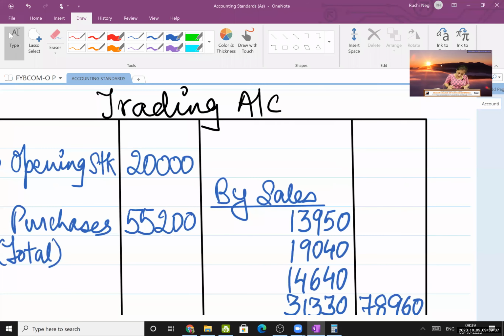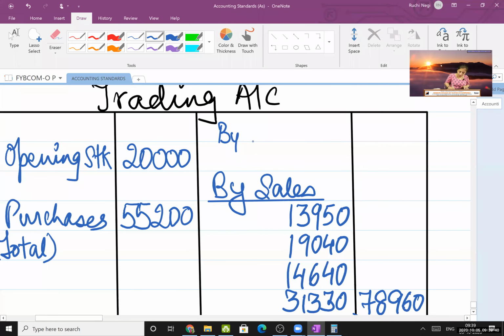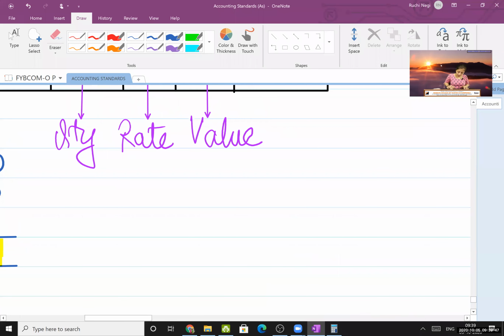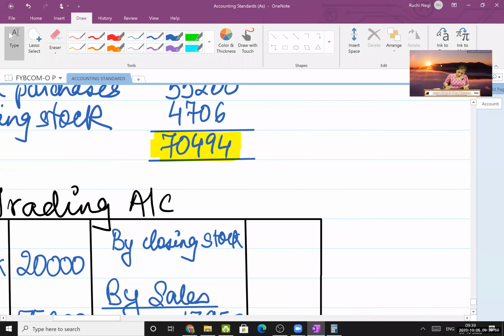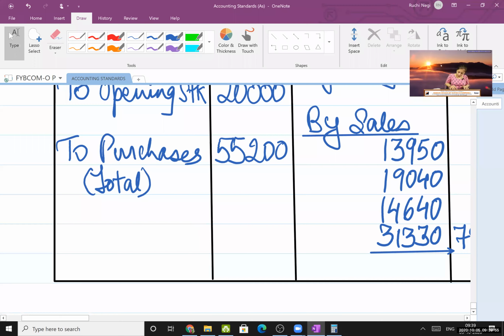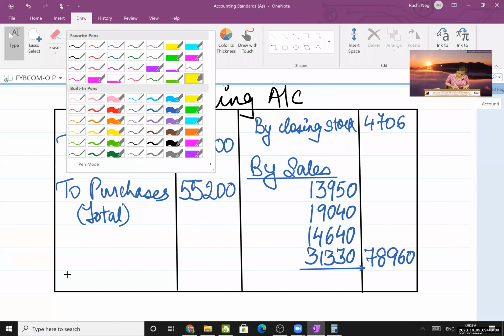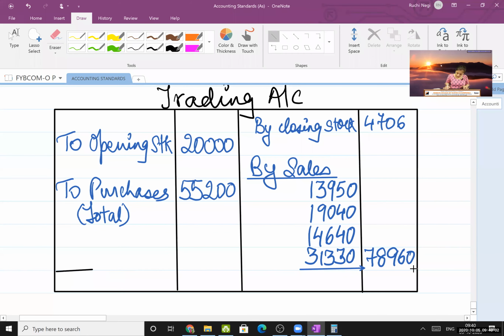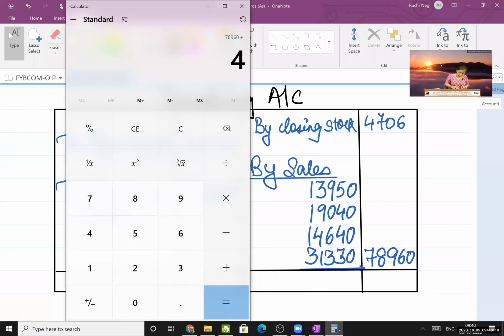Closing stock, I forgot. Yeah, please write down. Closing stock by weighted average method is how much? 4706. So write that 4706 and then close this ledger. Close the ledger. 83,666.